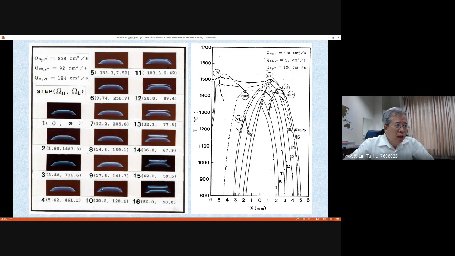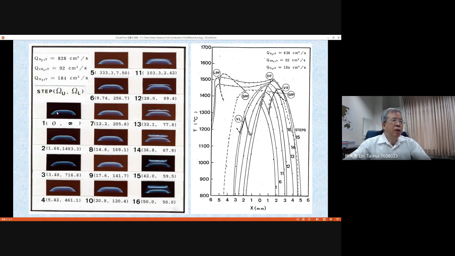A very light color actually occurs earlier, maybe at step 9 and step 10. And at step 11, you can see a small flame appear, right? This is the so-called dim premixed flame that starts to be built.